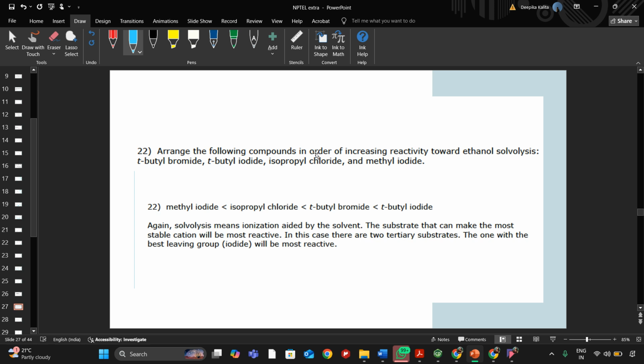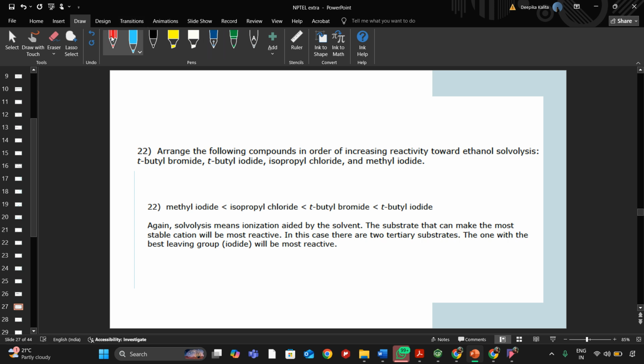In the next question we have: arrange the following compounds in order of increasing reactivity toward ethanol solvolysis: tertiary butyl bromide, tertiary butyl iodide, isopropyl chloride and methyl iodide.